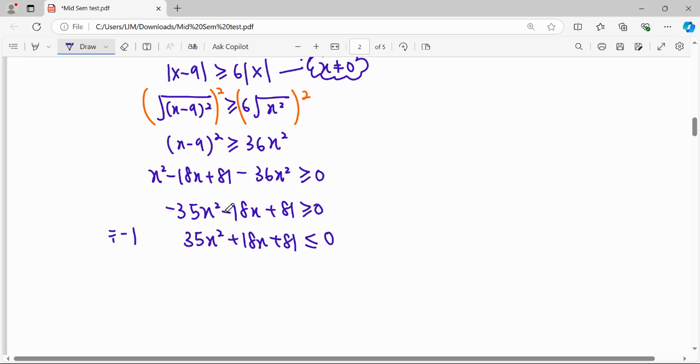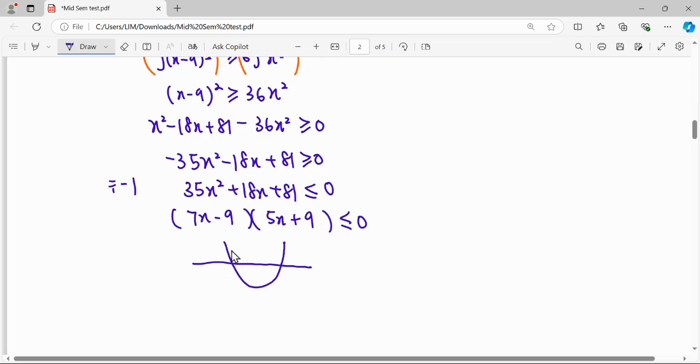Therefore, when we get our quadratic inequalities, the next steps are factorization, drawing the graph, and then shading the region. Factorization here gives us (7x minus 9)(5x plus 9), and we put in our roots in order, smaller at the left hand side, bigger at the right hand side.